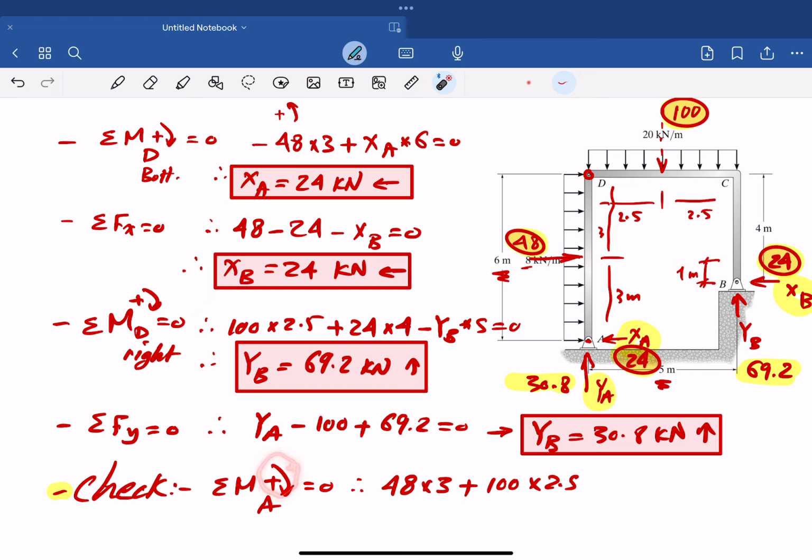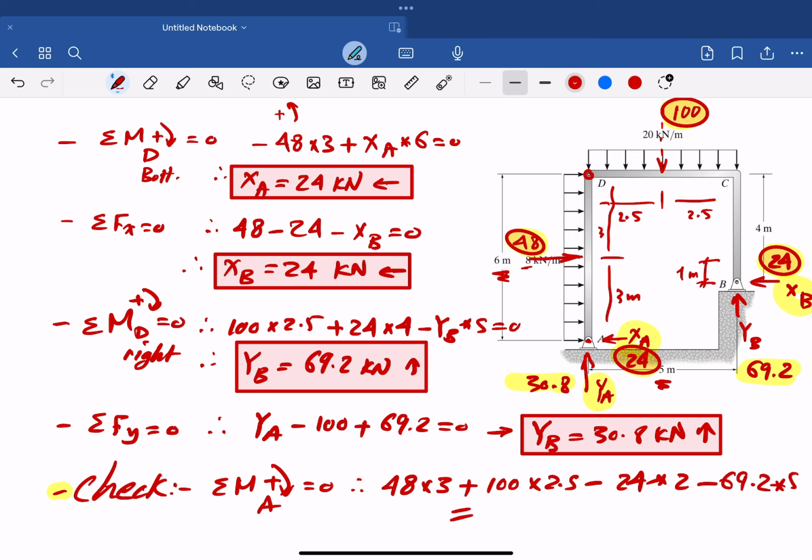It will be negative, both of them. So it will be minus 24, which is the horizontal force, times how much is the distance? It will be this distance here. It is 6 minus 4, so it is 2 meters. So 24 times 2 meters, okay, minus 69.2 times 5 meters, all of that.